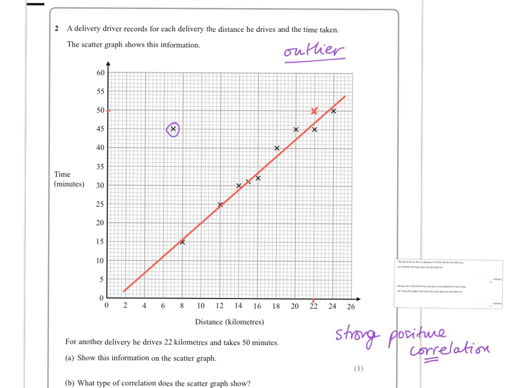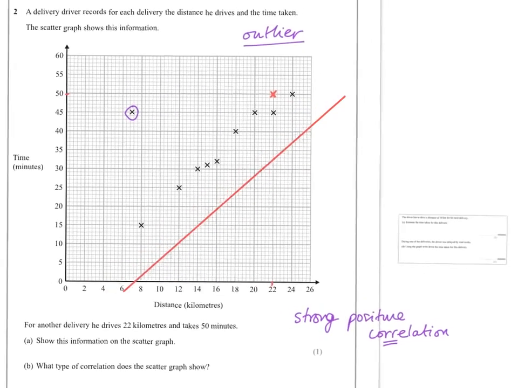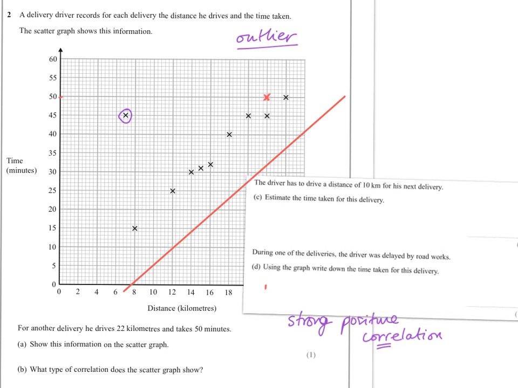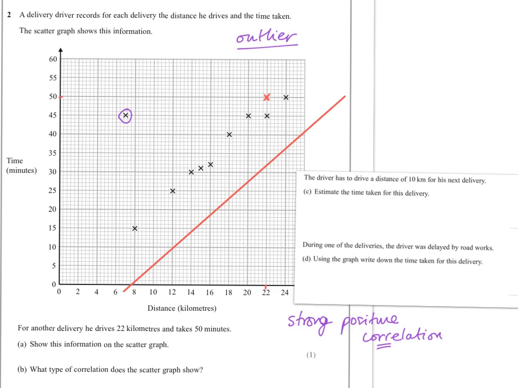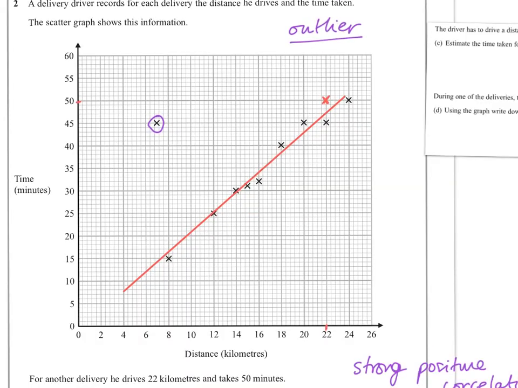It says the driver has to drive a distance of 10 kilometres for his next delivery. Estimate the time taken for this delivery. Well, let's have a look first of all at the distance.